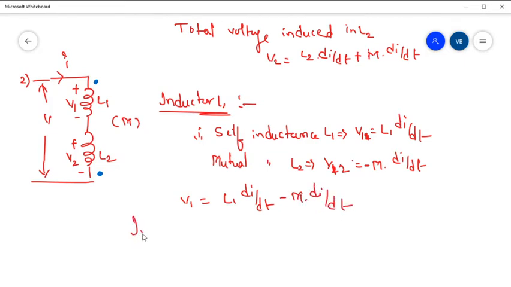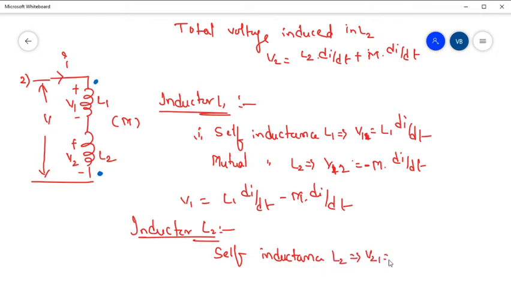In the same way, you write for inductor L2. First the self-inductance by inductor L2, let us take V21 equals L2 into di by dt.